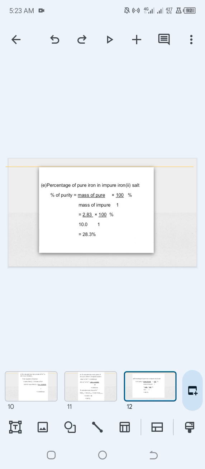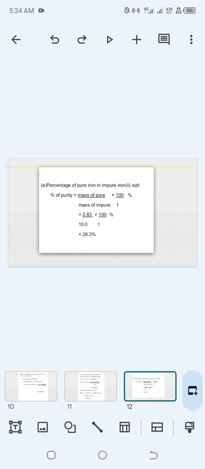Now, the percentage of purity is equal to mass of pure over mass of impure multiplied by 100. Now the mass of pure is 2.83, while the mass of impure was given in the question, which was 10 grams, multiplied by 100, which will give us 28.3%.